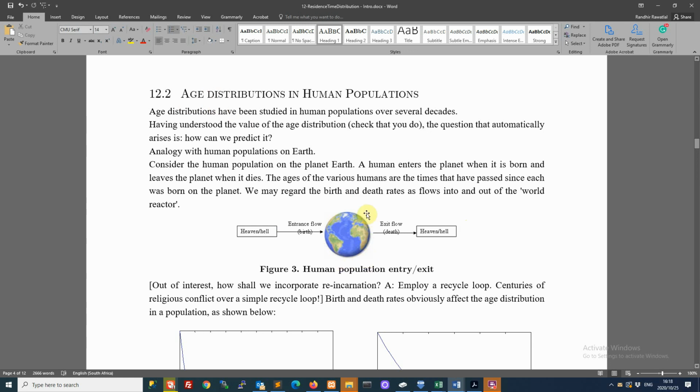And you can easily imagine that in terms of countries and keeping an accounting of the people in countries and the characteristics of the populations in countries, there have been many, many attempts to determine the age distributions. And in fact, these are things that influence our geopolitics.